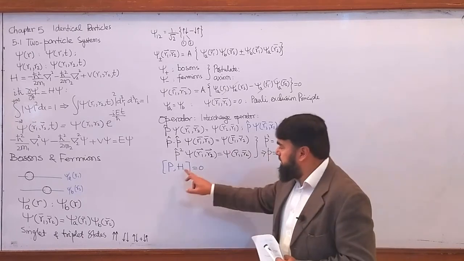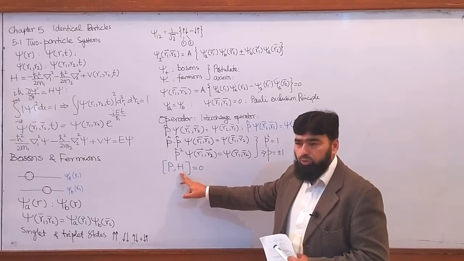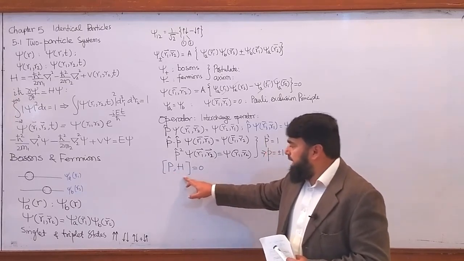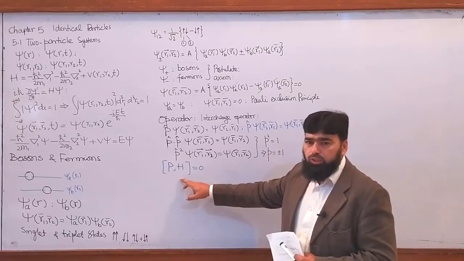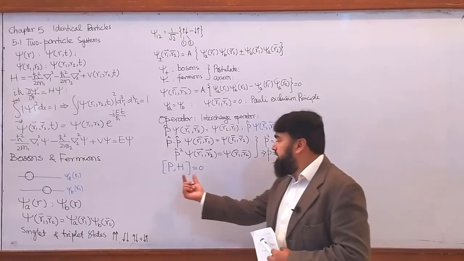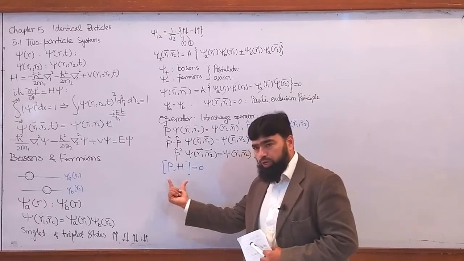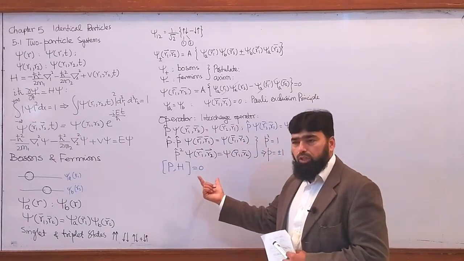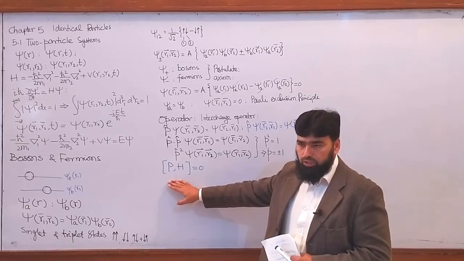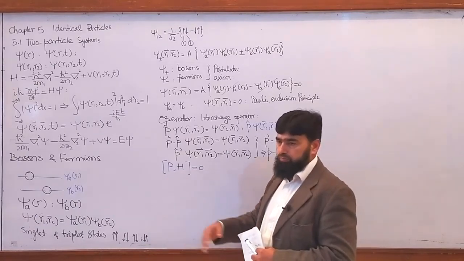It is not necessary that the Hamiltonian will also have the same eigenvalue. Its value will be different. But the eigenfunctions for both of these operators will be the same. They will share the same set of eigenfunctions. Clear? Whenever two operators commute, they have the same set of eigenfunctions, while their eigenvalues will be different.